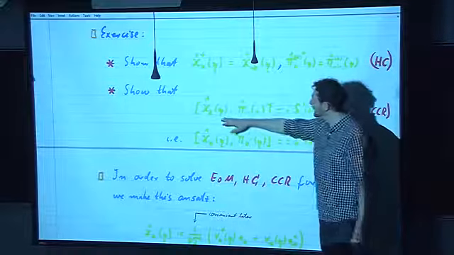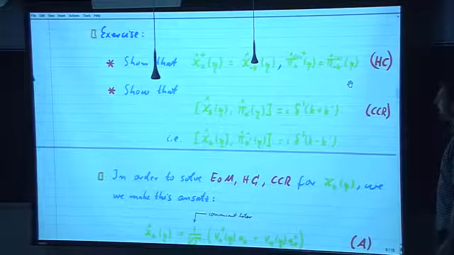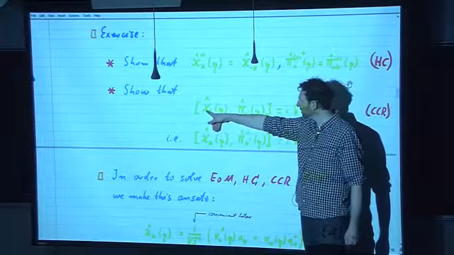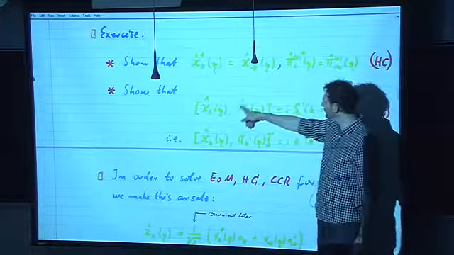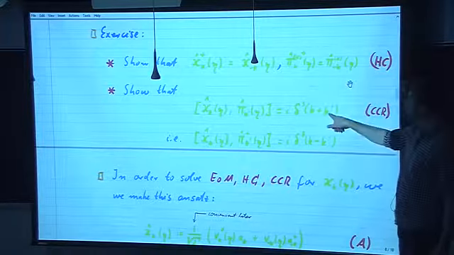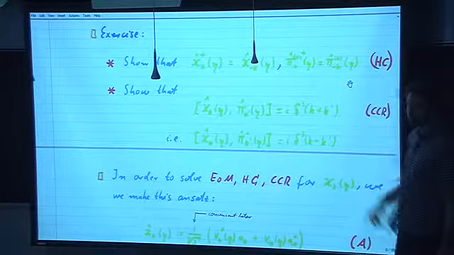Also, check the canonical commutation relations. It's a little subtle. The canonical commutation relations between chi k and pi k prime are not the usual ones with k minus k prime, but instead with k plus k prime.